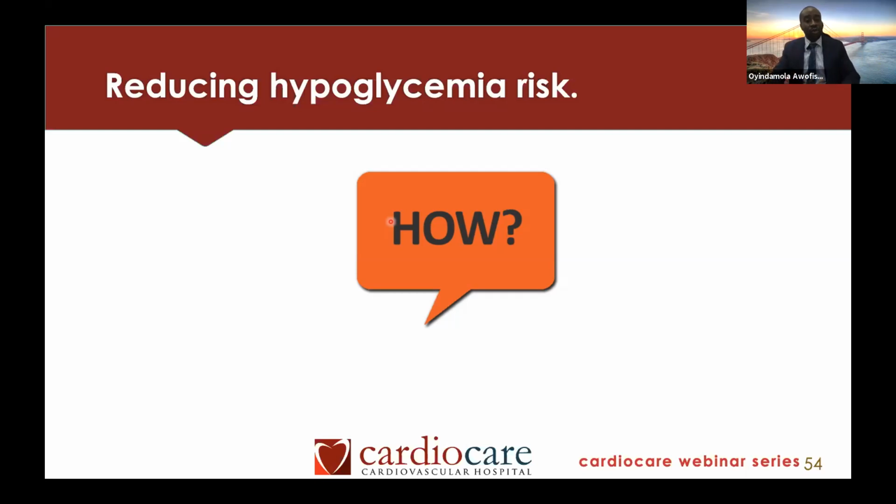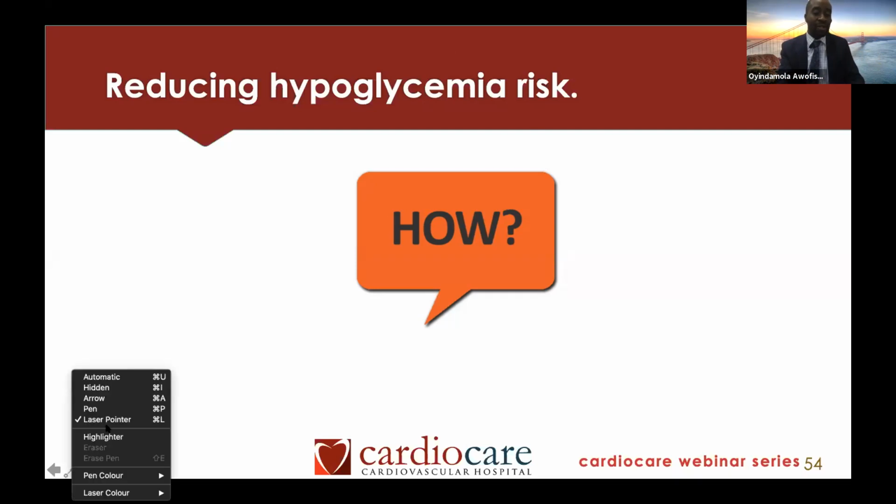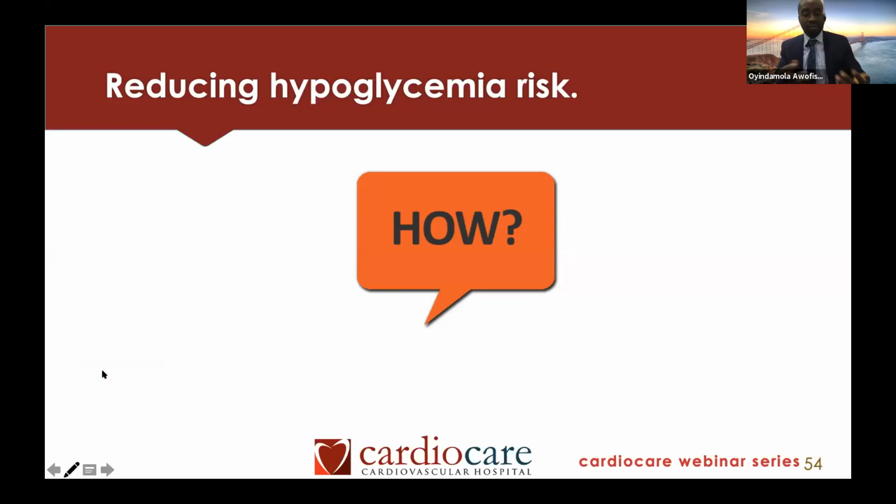Also, it's important to give live support to patients with diabetes that are being insulin treated. Live support means the number of the diabetes nurse or diabetes educator that they can call if they have an issue, so that at any particular time, there's someone they can reach out to who can give them guidance on what to do, okay?